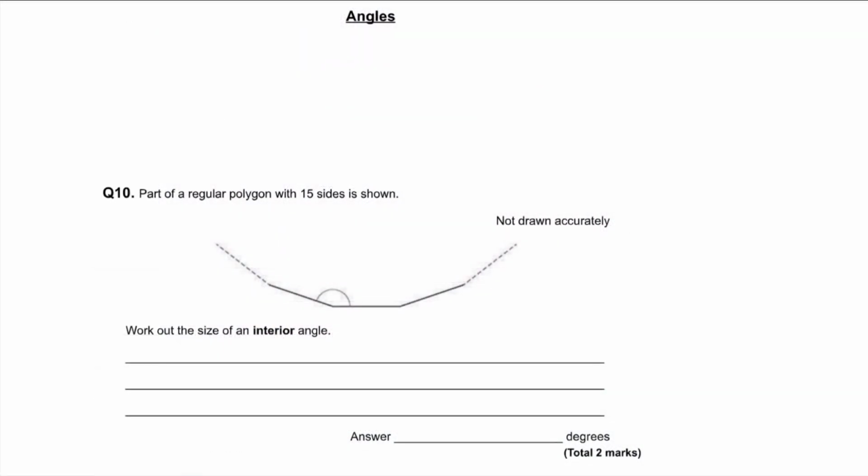Next up, we've got angles, and we need to know a whole bunch of angle facts for this exam. We need to know all the basic ones, so we need to know angles in a straight line, which sum to 180 degrees. We need to know angles meeting at a point, which sum to 360.